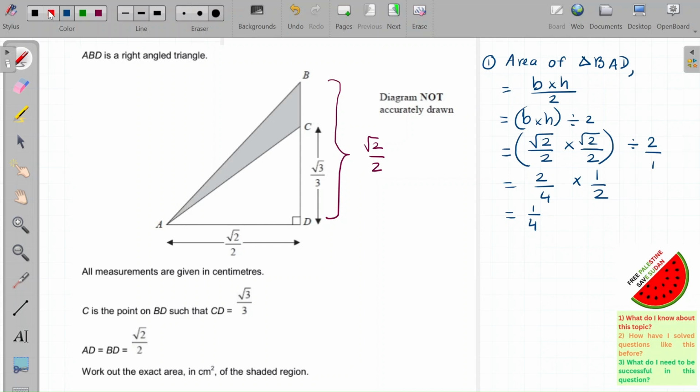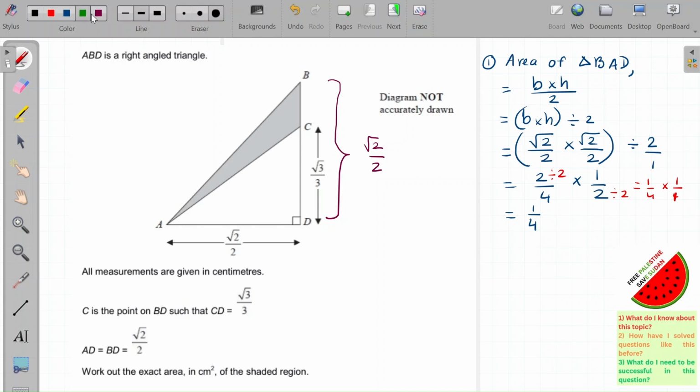Or we can also say, 2 divided by 2 is 1, and 2 divided by 2 is 1, which would give us 1 over 4 multiplied by 1 over 1, which is a quarter.